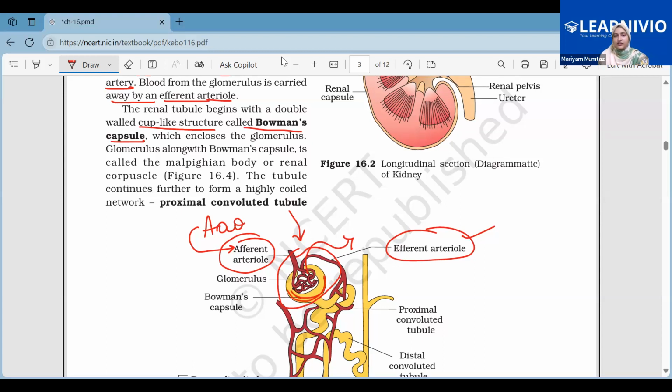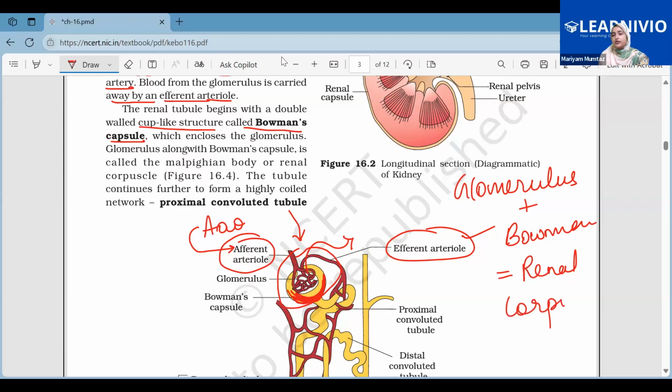Now, the glomerulus along with the Bowman's capsule, meaning glomerulus plus Bowman's capsule, is equal to the renal corpuscle. Always remember, this is very important. You can also call it the Malpighian body or renal corpuscle.